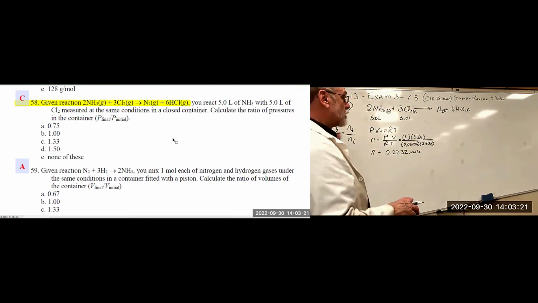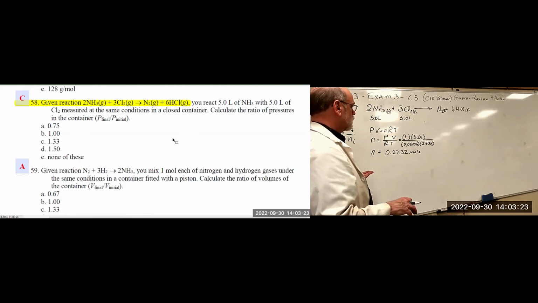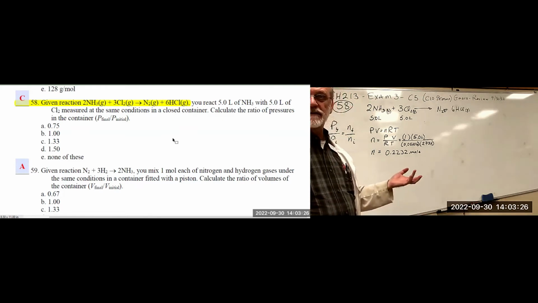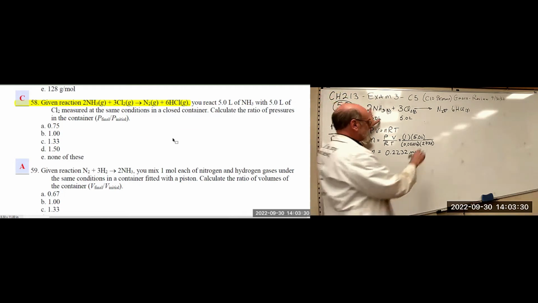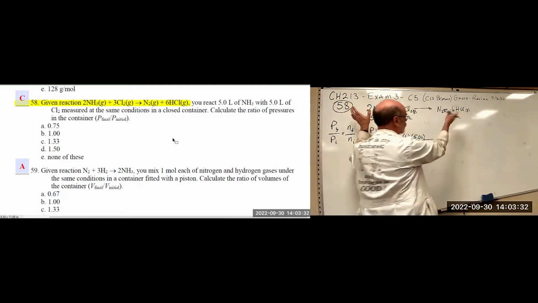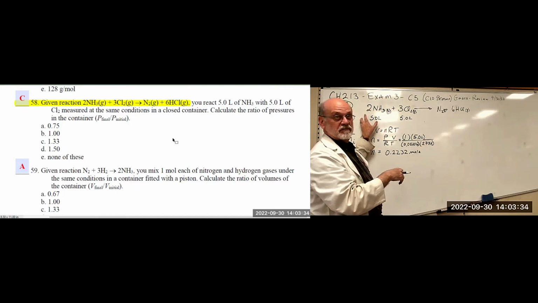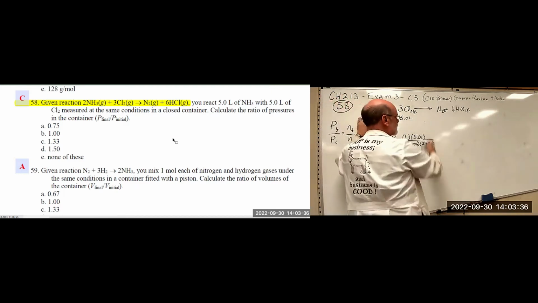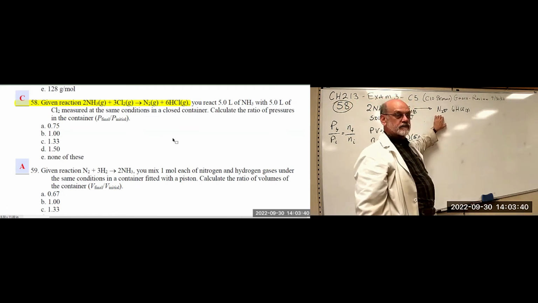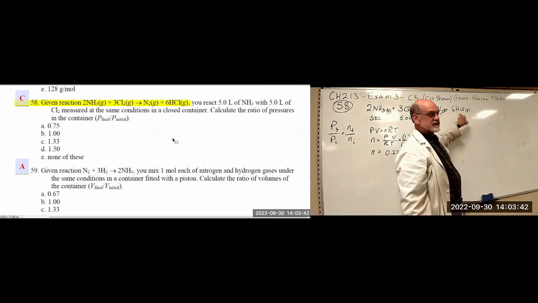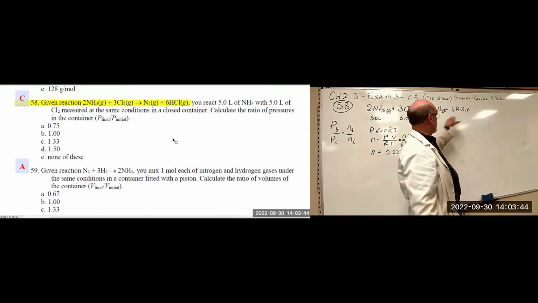Now, how do we find out which one's limiting? We take this many moles of that one and convert it all to one of those. I'd say nitrogen would probably be the best, because once you know how many moles of nitrogen are produced, 6 times that is how much HCl is produced. So I would go with this one.